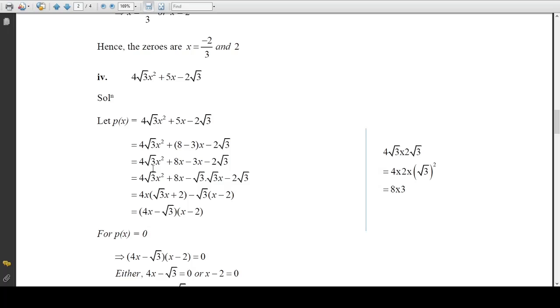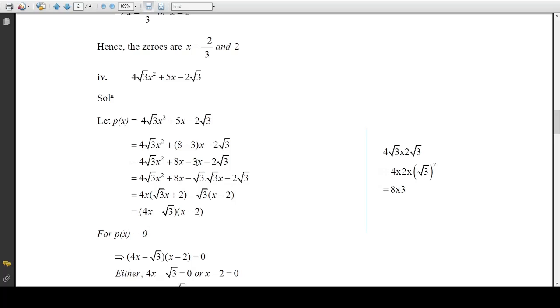You'll take common between the first and second, and the third and the fourth term. Now between the first and second term, what is common is 4, 4 1s are 4, 4 2s are 8. X is also common, therefore you will take common 4x. This is another step I've taken for you just to identify the common factor. 4 root 3x square plus 8x.